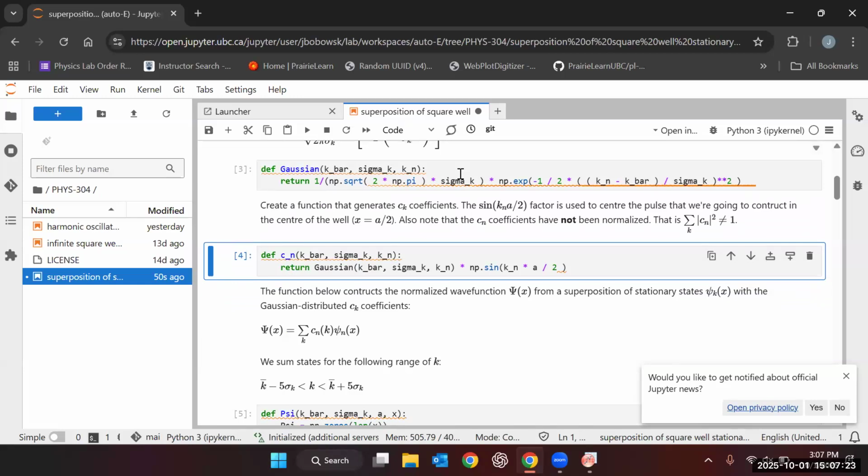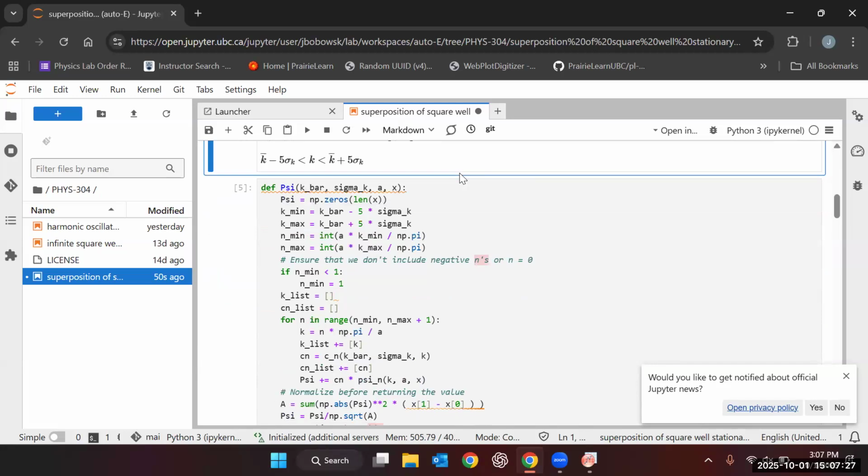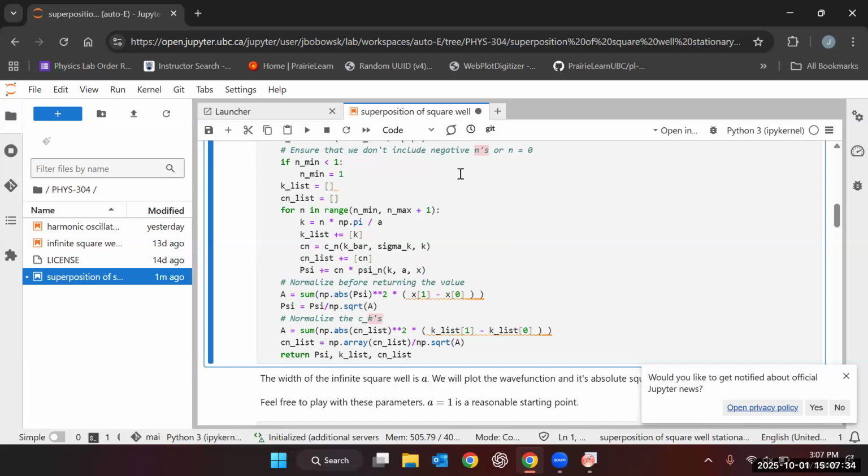Shift enter. And here is a function where we're actually going to build the wave functions. The important part is here. The wave function psi is Cn times the stationary states, and this plus equals just means that we're iterating a sum.